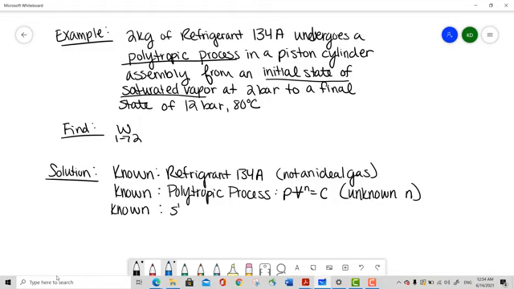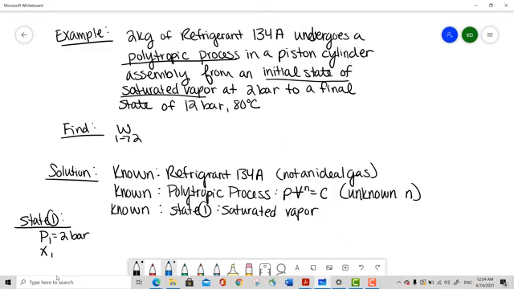And then what else do we know? We know at state 1, it's saturated vapor. Okay? And then what else have we been given? So at state 1, we know that pressure is 2 bar. And we know that we have a quality of 1, right?